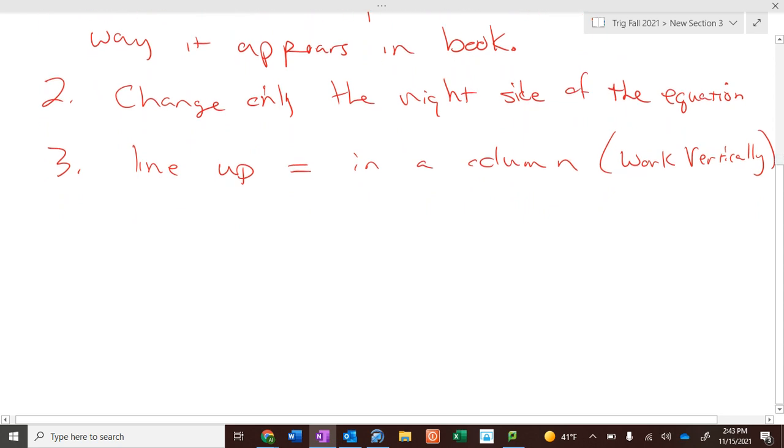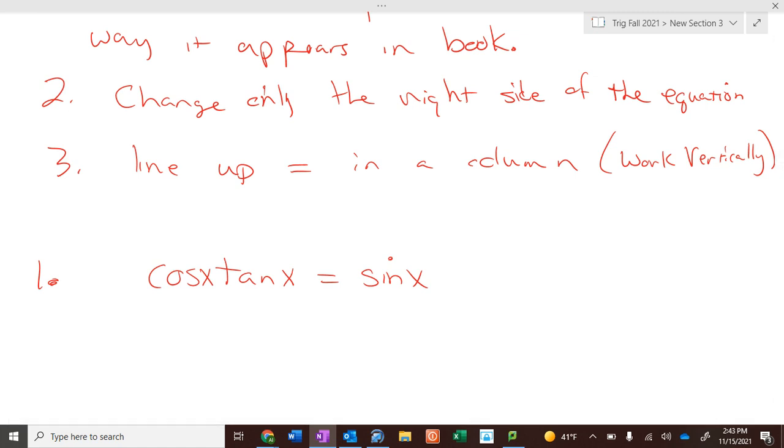But let's say we have a problem such as cosine of x tangent of x equals sine of x. That's problem number 1. Okay? So we're only going to change the left-hand side, not the right-hand side.